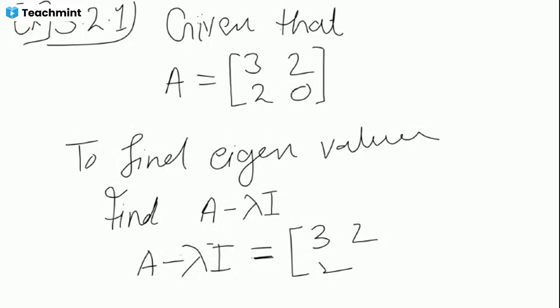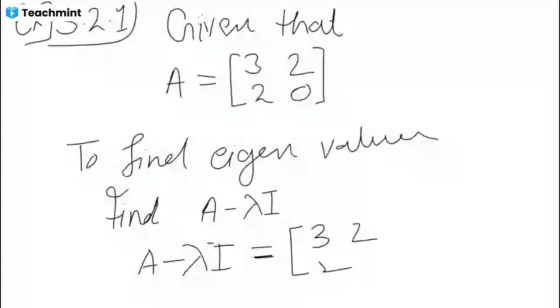Even if you do not get x2 equal to 0, for example if you have a relation like x2 is equal to 3x1, and you are taking x1 equal to 2, then x2 you will get 3 into 2, obviously 6. Then you write this as 2 and 6.